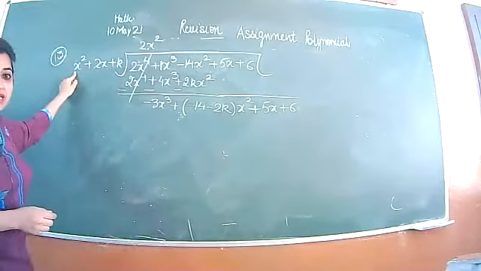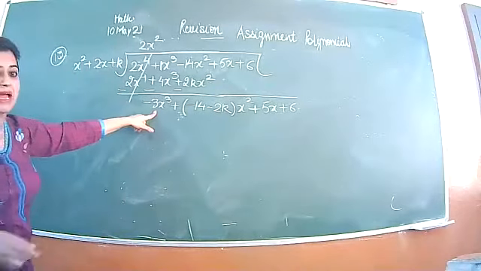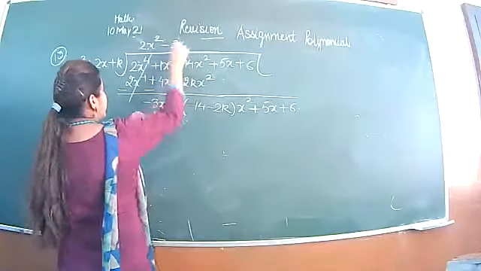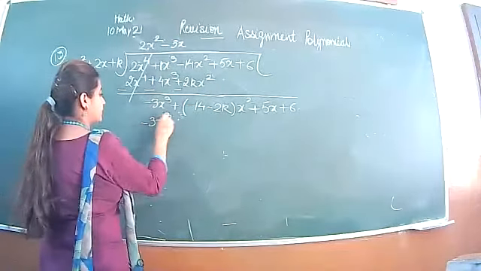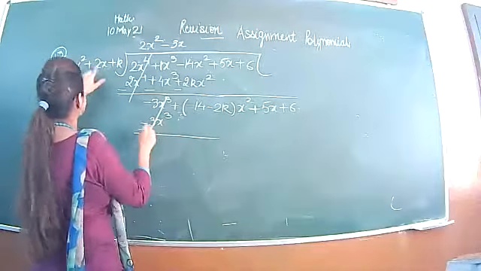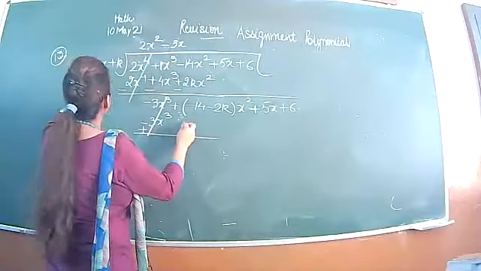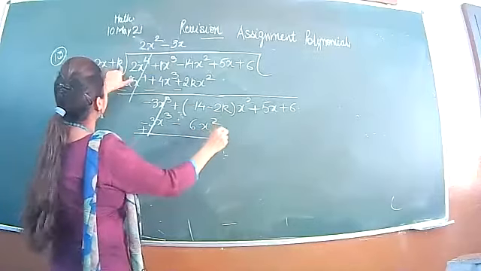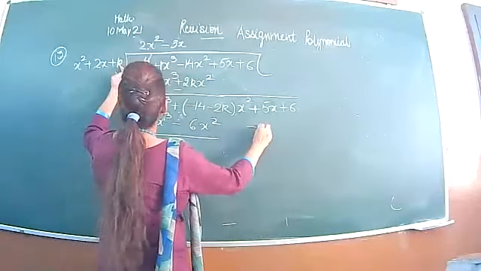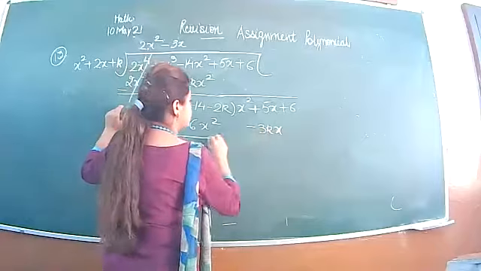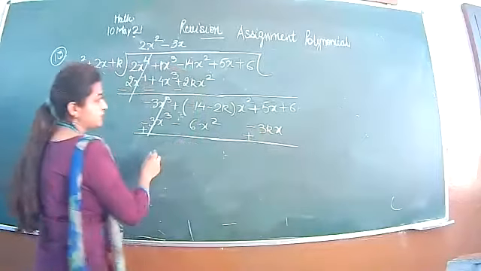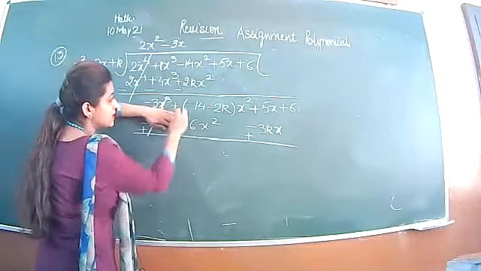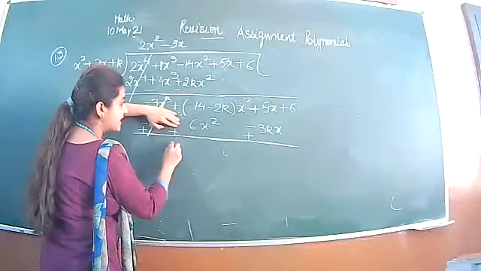X square will be multiplied with which term to get minus 3x cube? Minus 3x. Sign change cancel. Second term, 3 2s are 6, minus 6x square. Third term is minus 3kx. Sign change. Now, sign change plus plus plus, we are adding them.